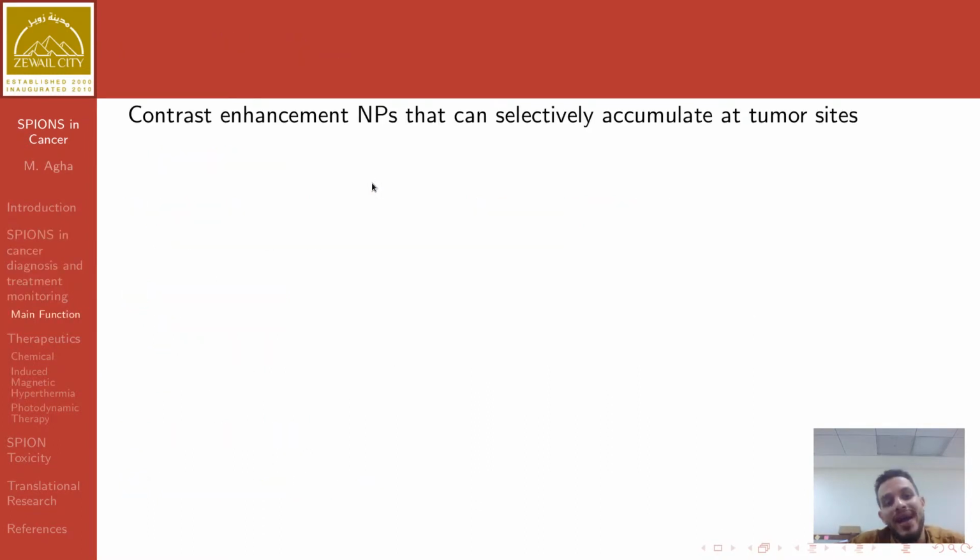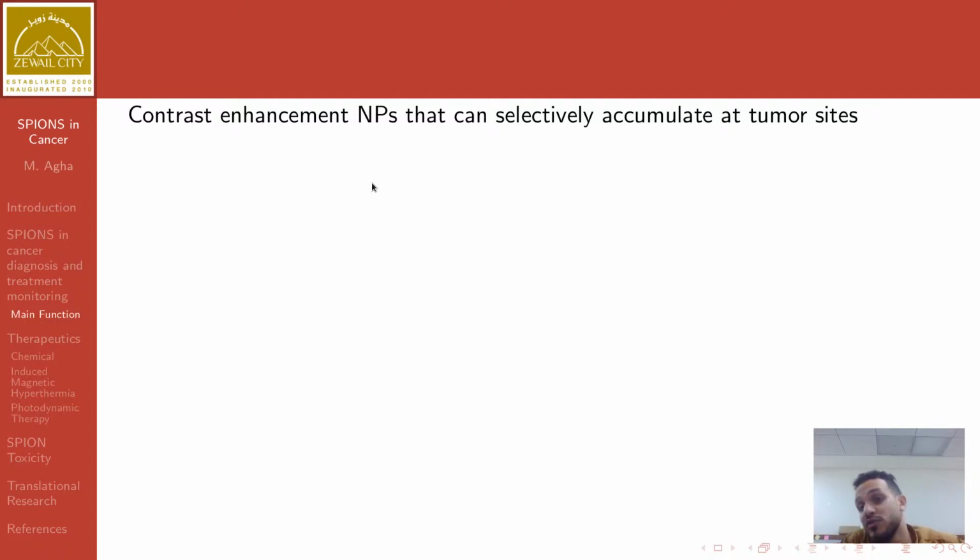So we have contrast enhancement nanoparticles that can selectively accumulate at tumor cells. This is the main function of the nanoparticles or the SPIONs. They are just simple contrast enhancements.